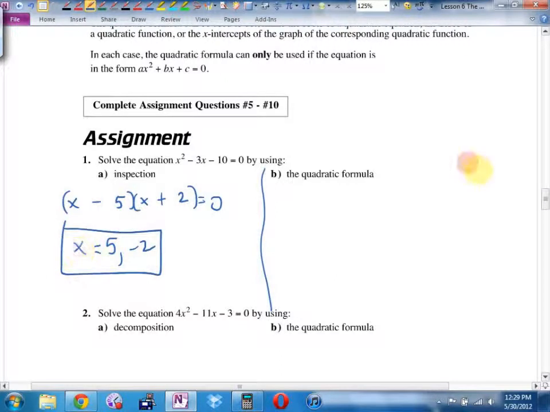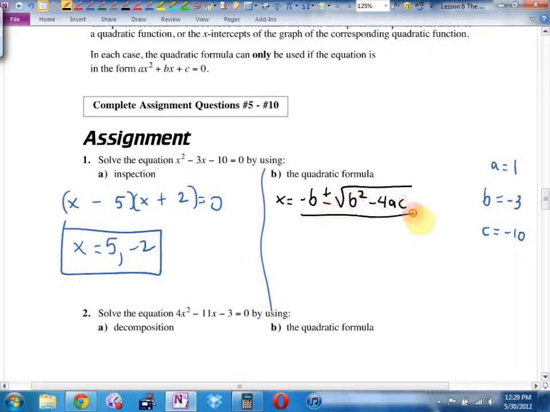In this case, what would A be? The number in front of the x squared. It's invisible. What would B be? What would C be? Quadratic formula says x equals negative b plus or minus the square root of b squared minus 4ac all over 2a.